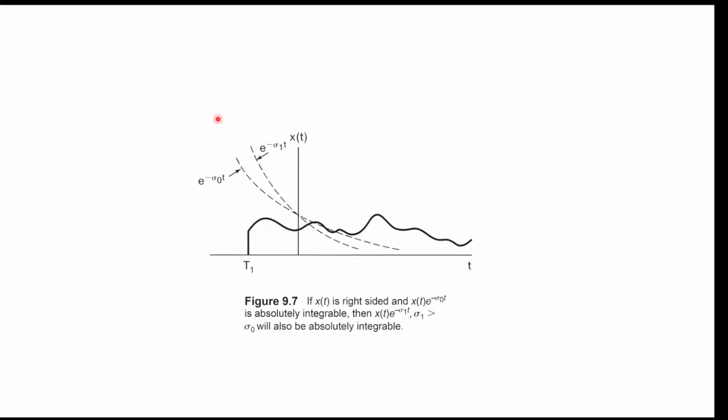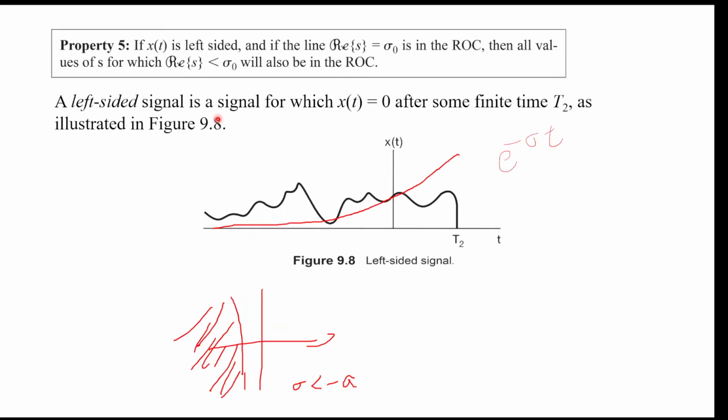And so this is the right-sided function, and the next property you can probably guess, it's very similar, is for the left-sided function. A left-sided function is defined as a function that has a right-sided cutoff. So on the left-hand side it can be arbitrarily extended, but on the right-hand side it has a cutoff at t2.